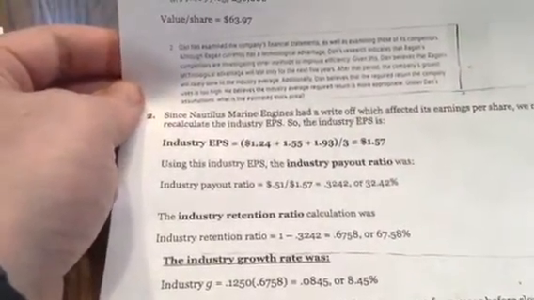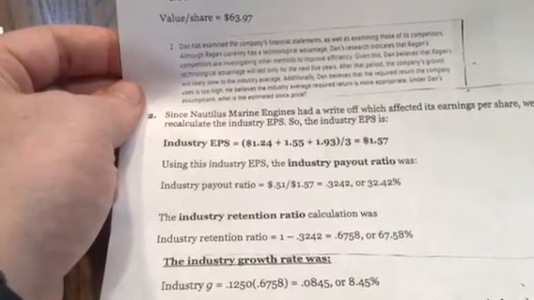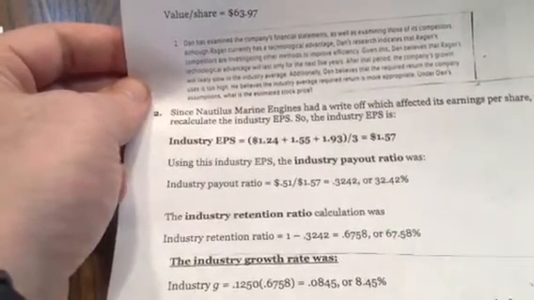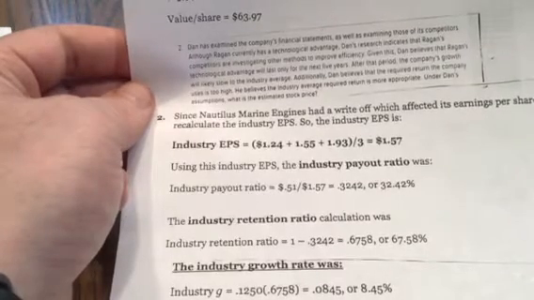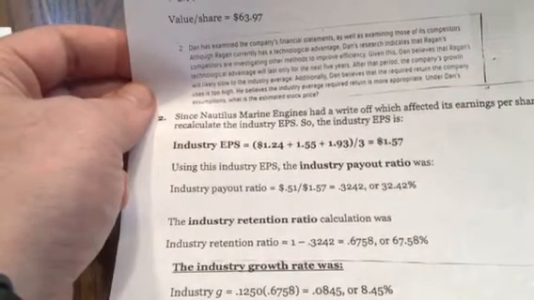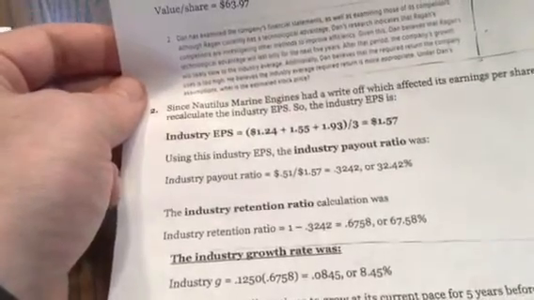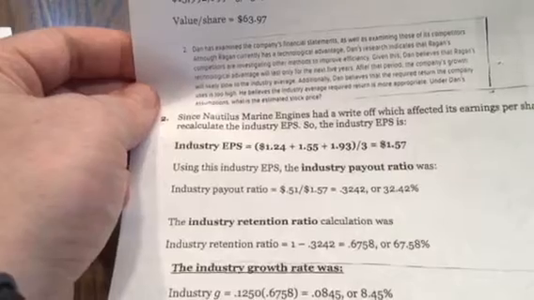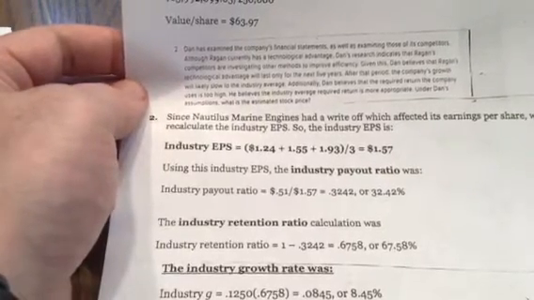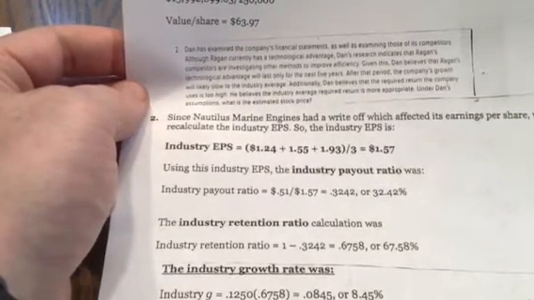The industry's earnings per share was 1.24 plus 1.55 plus 1.93, which was all found on the chart or in the reading. Then we divided that by 3, and we got $1.57.